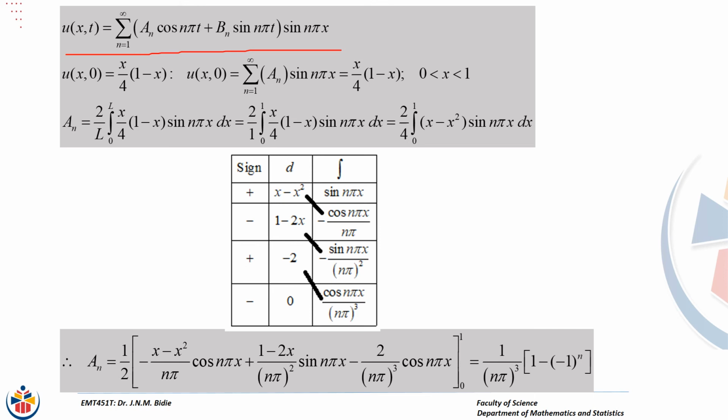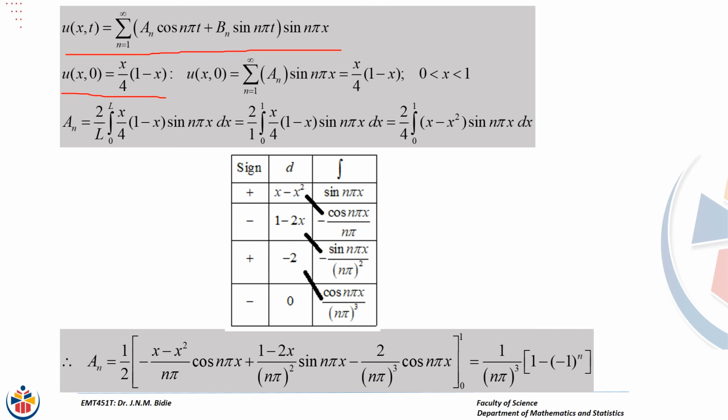And then again, as I had mentioned before, we substitute the first initial condition because we've been asked to find an. And in order for us to find an, we have to eliminate the term that has got bn. And the best way to do that is direct substitution. So it means we have to use the initial condition that does not involve differentiation.